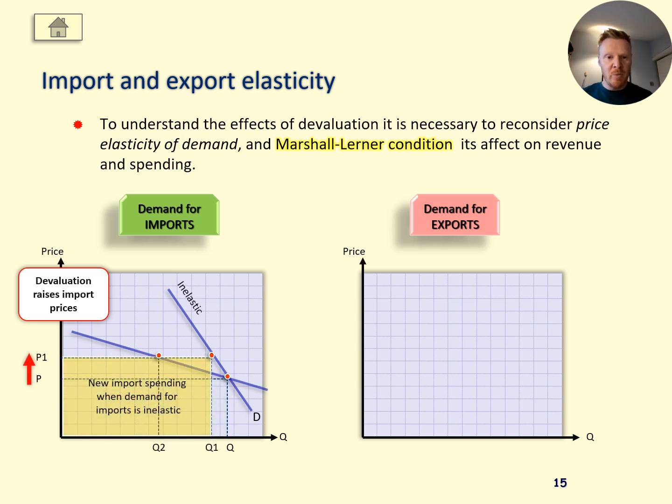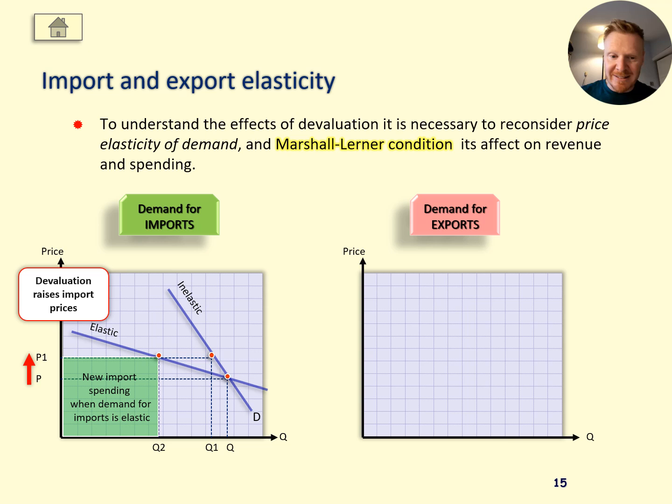We devalue, we increase the price, and look at the yellow area now. New import spending when demand for imports is inelastic. And look, when it's elastic. New import spending when demand for imports is elastic. So our devaluation has really helped us reduce imports, but only if it's elastic.